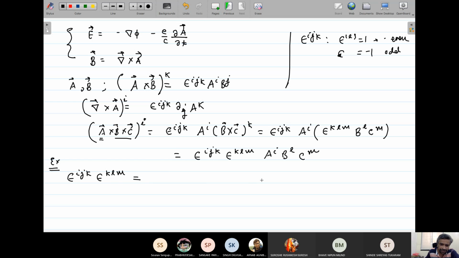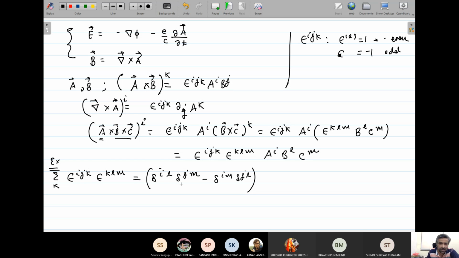So I need to write some expression which takes care of this antisymmetry. One can show that this is equal to delta_il delta_jm, Kronecker delta, minus delta_im delta_jl. This will be the expression for epsilon ijk epsilon klm, summed over k.